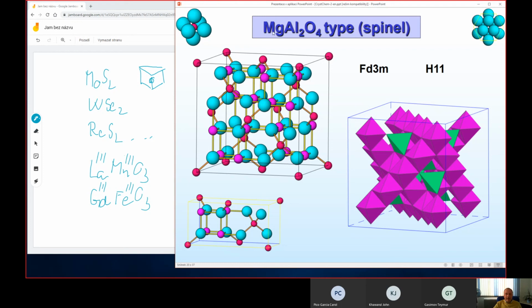So if we want to create a stoichiometry 1 to 4, we must occupy only 1/8 of the tetrahedral sites.